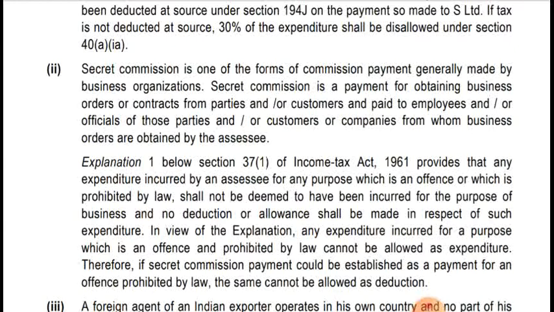Therefore, if secret commission payment is established as payment for an offence prohibited by law, it will not be allowed as a deduction while computing the business income of the organization paying it. Hope you have understood.